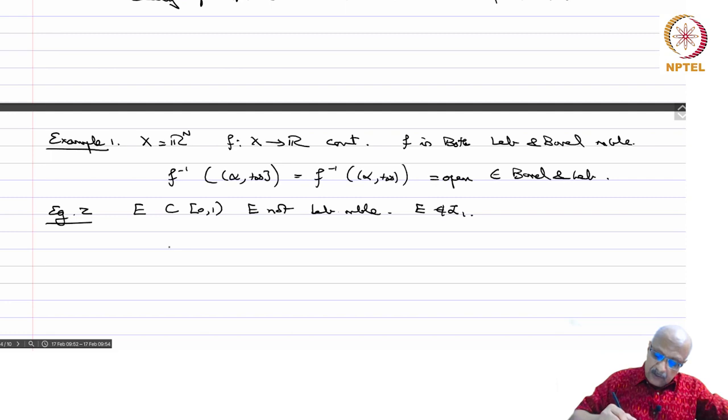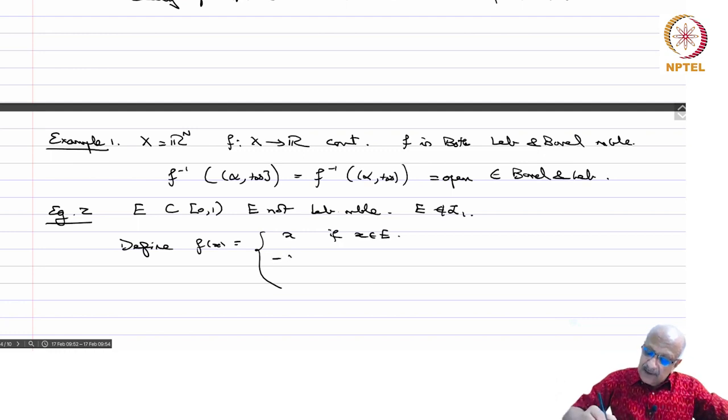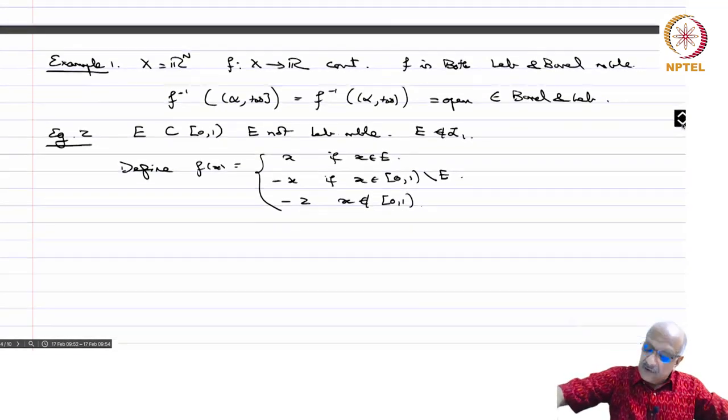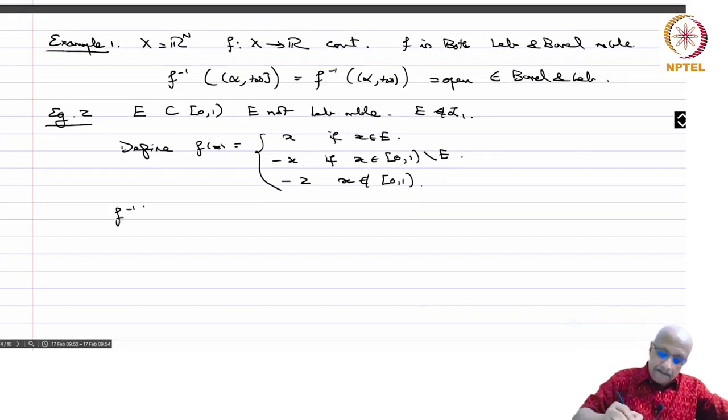Okay. Now you define f of x equal to x if x belongs to E, minus x if x belongs to [0, 1] but not in E, and minus 2 if x does not belong to [0, 1]. Okay. So then let us compute what is f inverse of the singleton alpha.